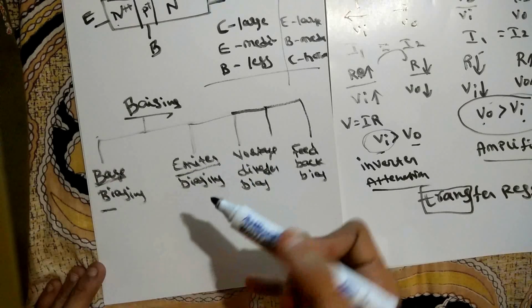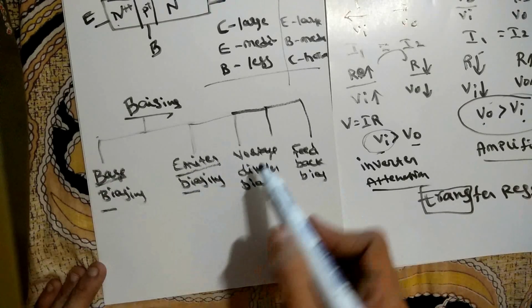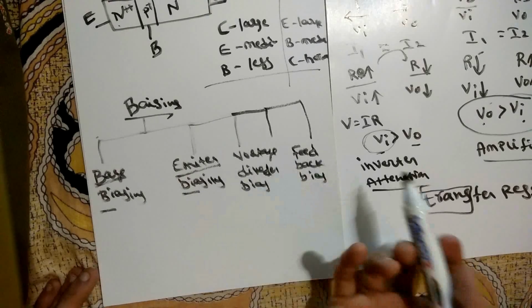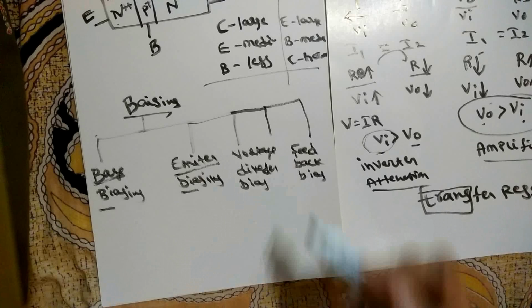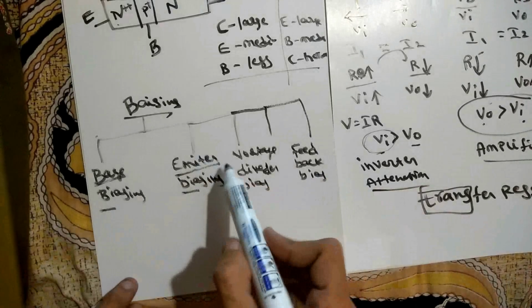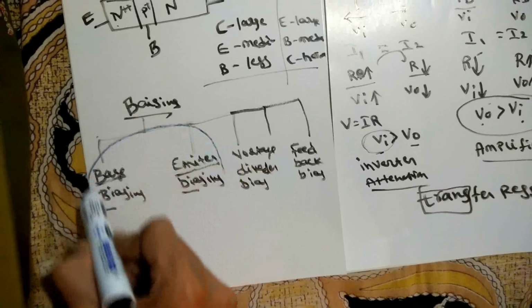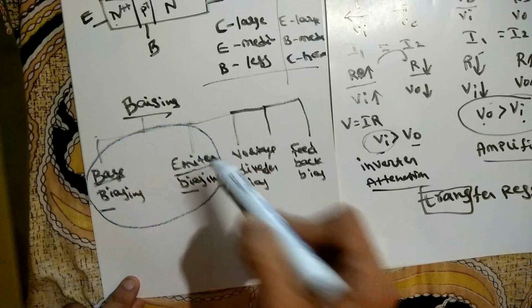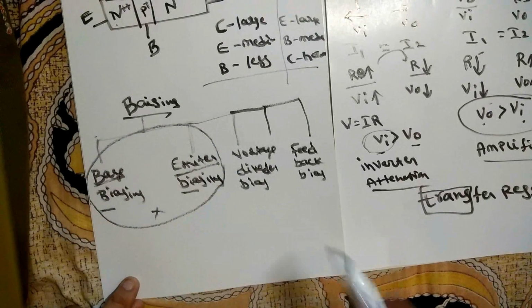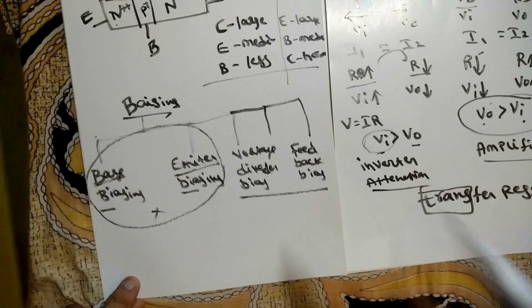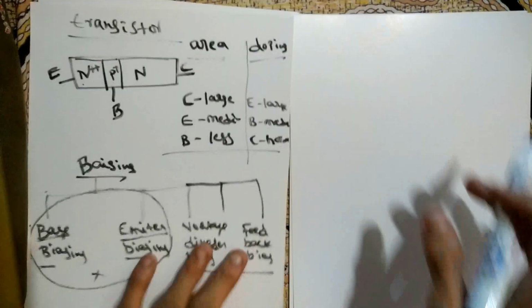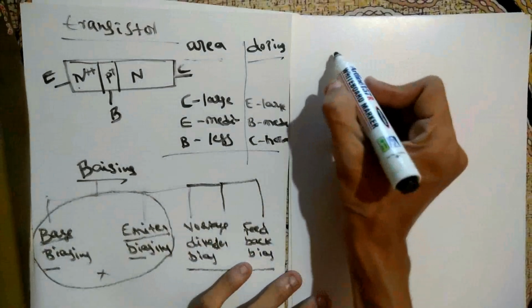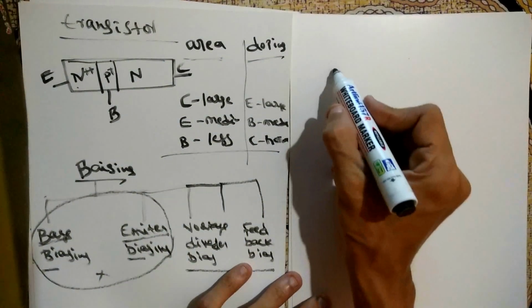Voltage divider bias means we divide the voltage. Feedback means we connect collector and base together. In your VTU syllabus, the first 2 are not there. We neglect base biasing and emitter biasing, and go for the 2 techniques called voltage divider bias and feedback bias.